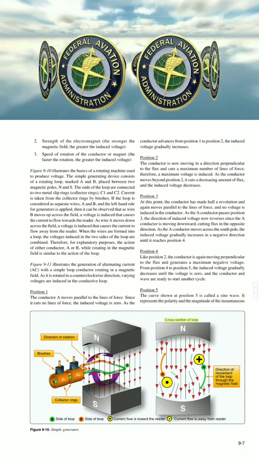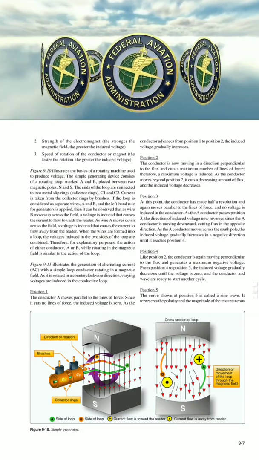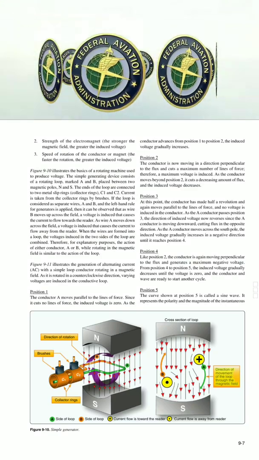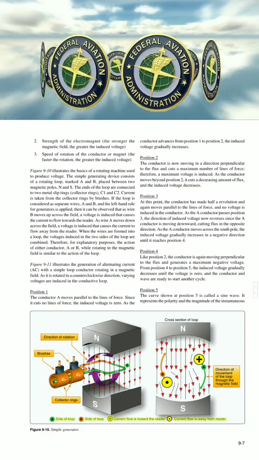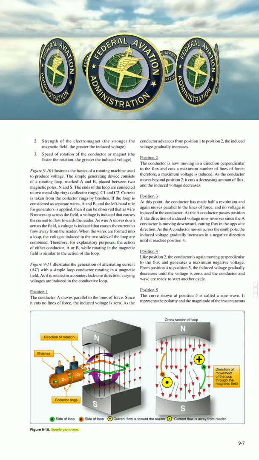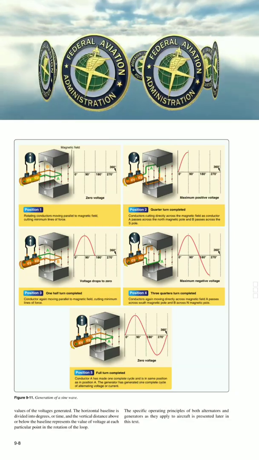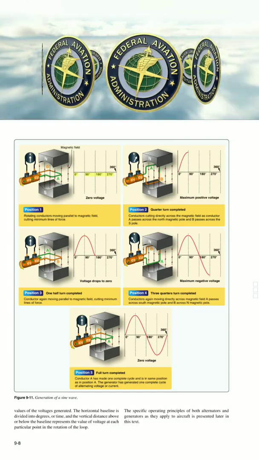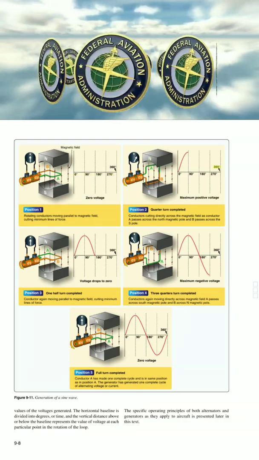Cross-section of loop. Direction of rotation. Brushes. Collector rings. Direction of movement of the loop through the magnetic field. Side of loop: current flow is toward the reader, current flow is away from reader. Figure 9-10. Simple generator. Magnetic field. 0 degrees, 90 degrees, 180 degrees, 270 degrees, 360 degrees.